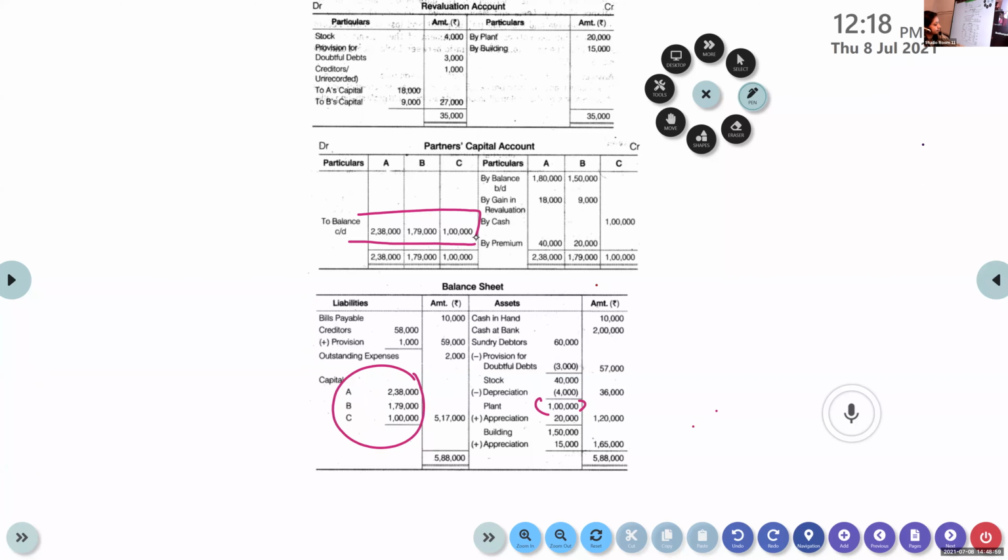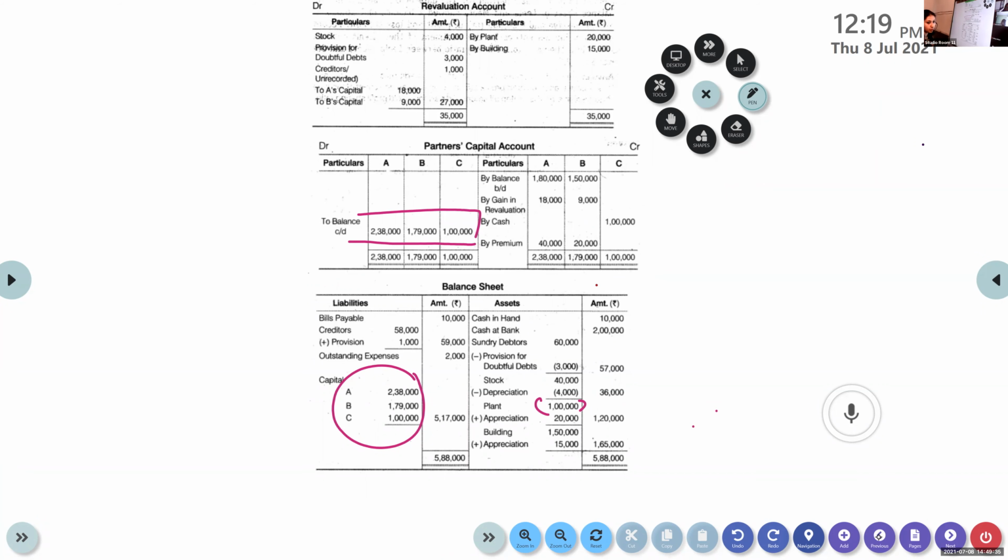Finish? Those who have completed, just try question number 30 in the textbook.